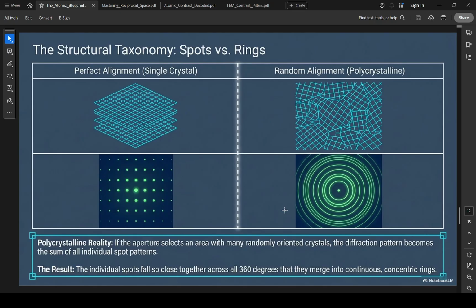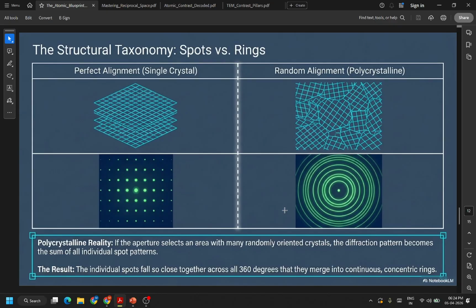But in a polycrystalline lattice, the lattice points are not at defined positions; they are randomly distributed. So they will result in circles, which we had studied earlier as the zone circles. Instead of fixed lattice points, we will get circles, each satisfying the HU plus KV plus LW equals 0 equation.